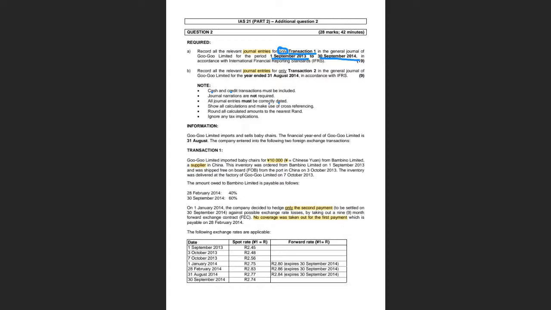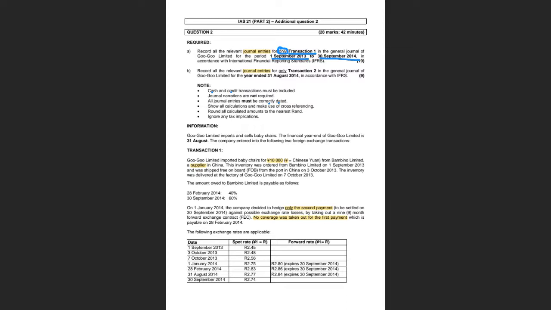This is particularly important with Forex questions because there are all these transaction dates, and we've got year end, then we've got settlement dates. Because of those different dates, we want to ensure that you as the student understand on which date this specific thing is happening. It says show all calculations and cross-referencing, round to the nearest rand.